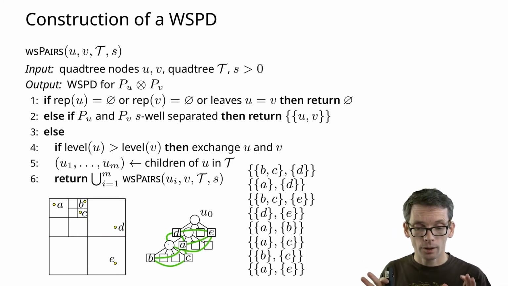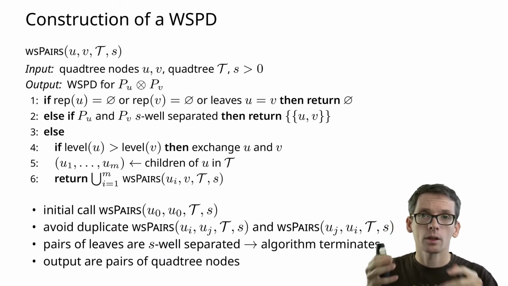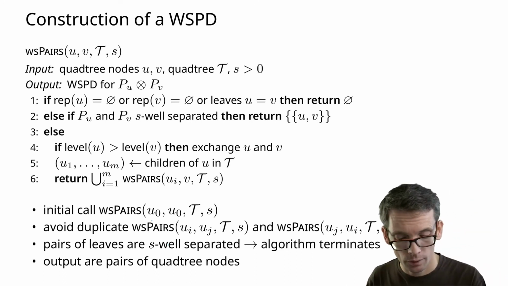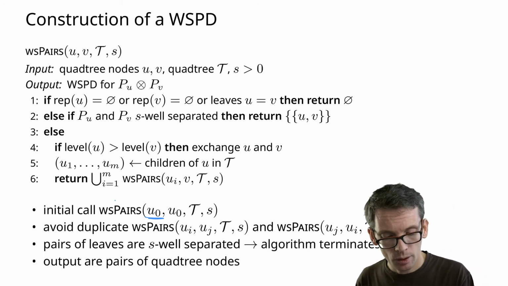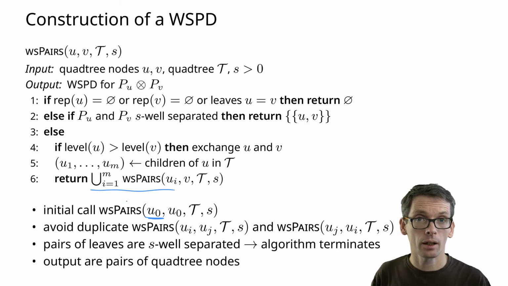So some remarks here. The first is, my initial call is simply on the whole point set, or the root of the tree. So that's U0. Then this notation needs to be taken with care. What does it mean to take the union here?